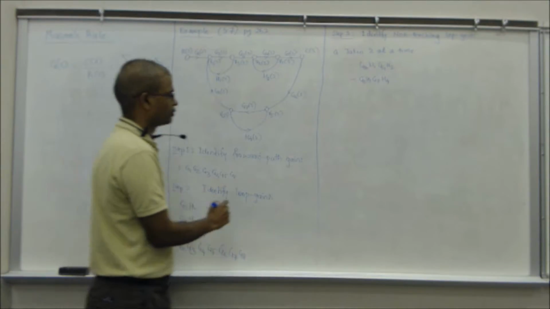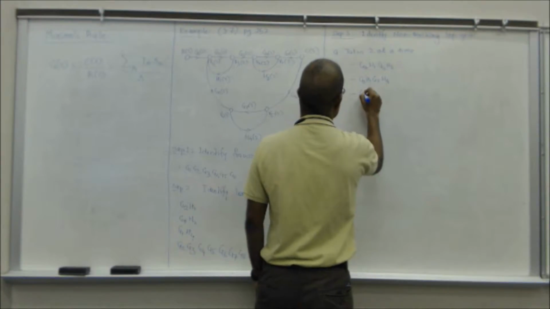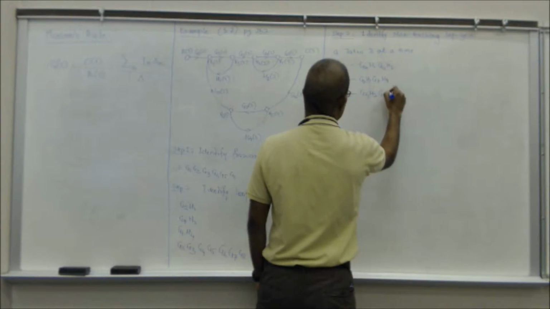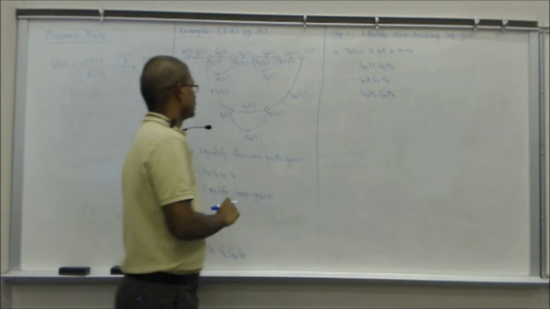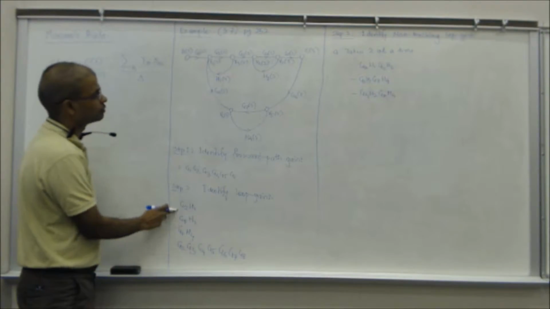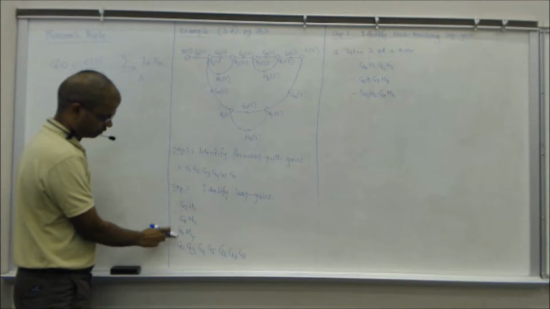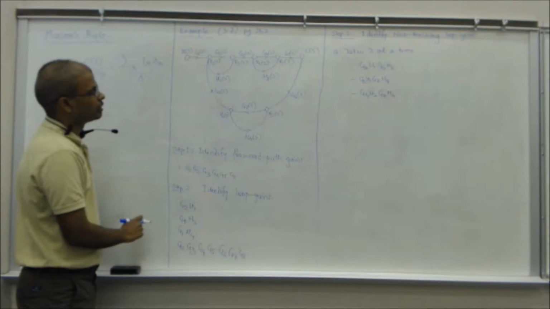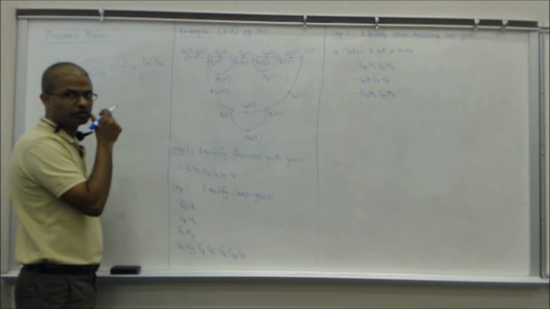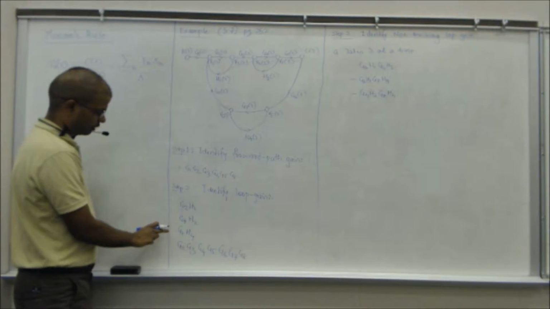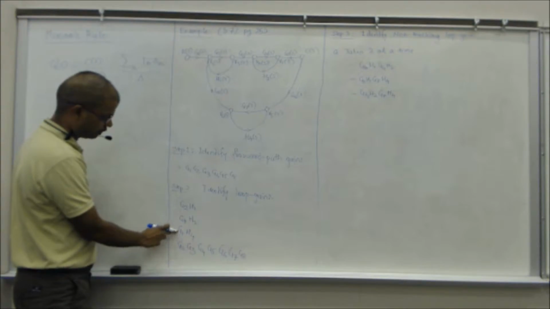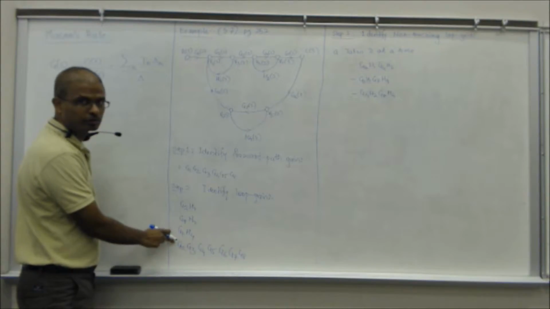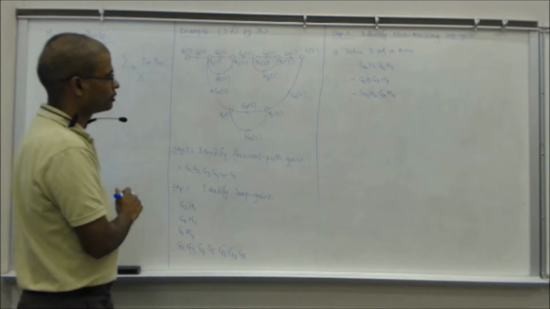G4H2 and G7H4. Are these two non-touching? They are not, right? G4H2 and G2, this one. They're touching. So that's out. Now the next combination is to see if these two are non-touching, which is again they are touching. Okay. So that is your taken two at a time.